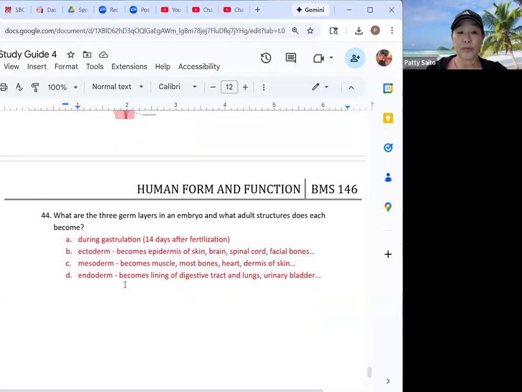There's the ectoderm, and these layers then become different parts of the embryo and then the fetus and then the adult, right? And we're talking just a couple of weeks, 14 days of development.